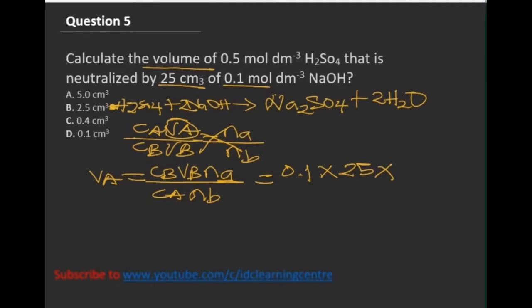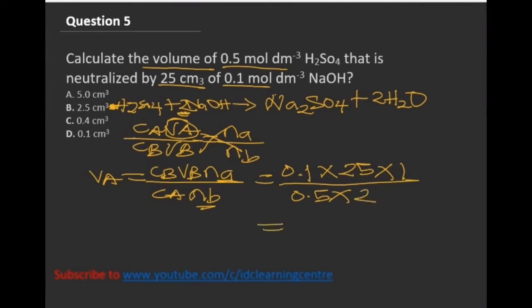So the number of acid is 1. Okay, so over concentration of acid, what is the concentration of acid given to us? The concentration of acid is 0.5. So we'll put 0.5 times the number of base. So this is our base, sodium hydroxide, so the value here is 2. So we'll put times 2.